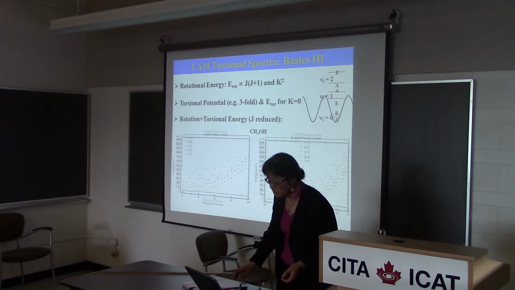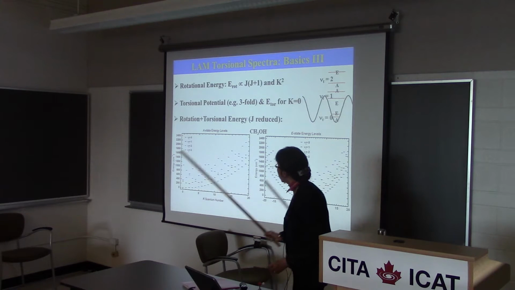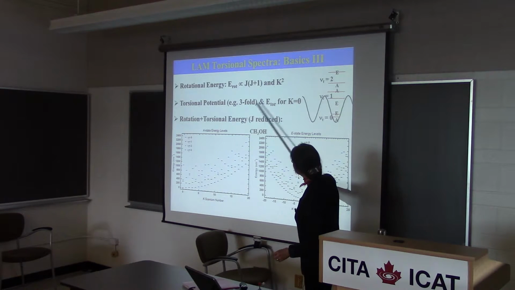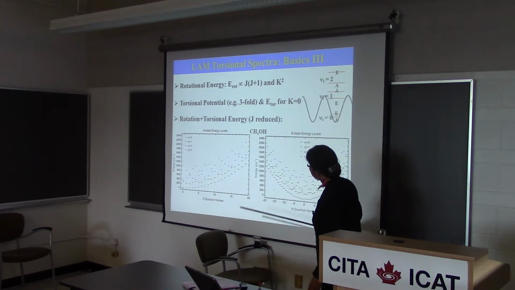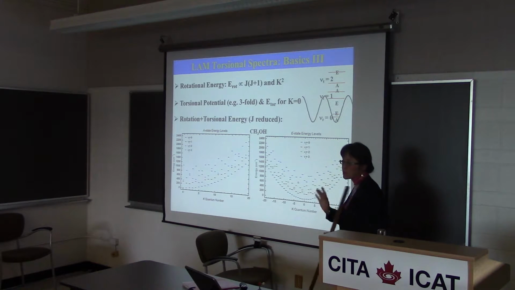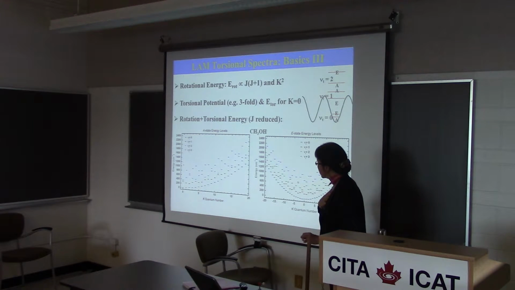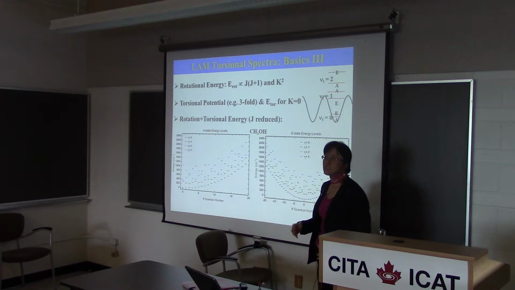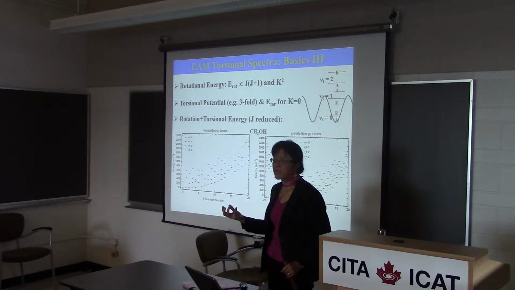Now, when we turn on the rotation, we just turn on K, and now you can see those levels. I hope you agree with me, the levels don't seem at first glance to have any regularity.